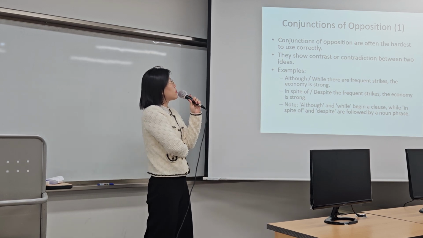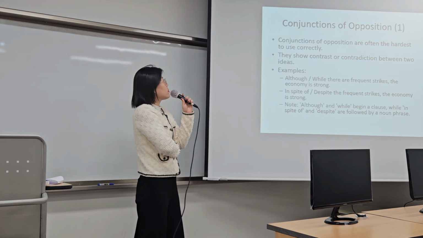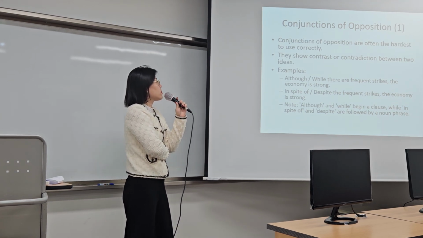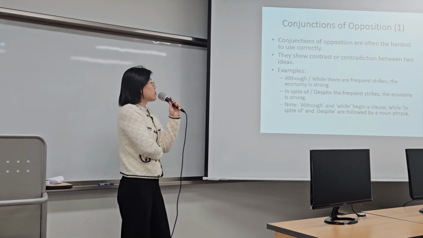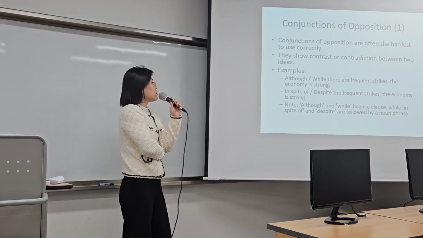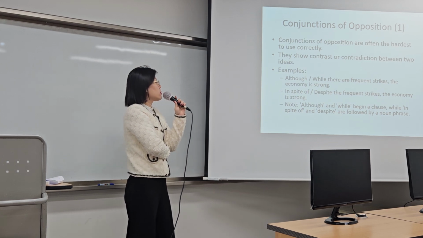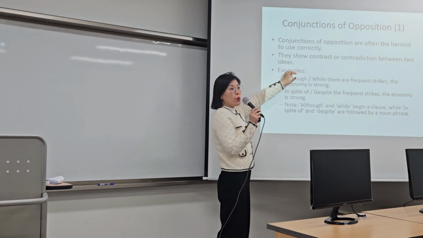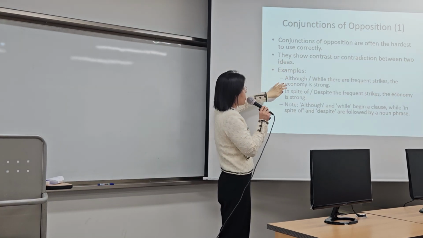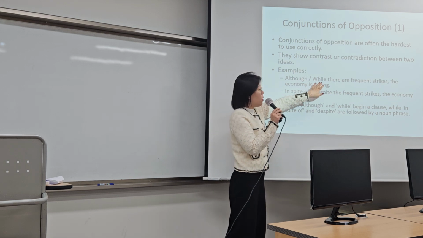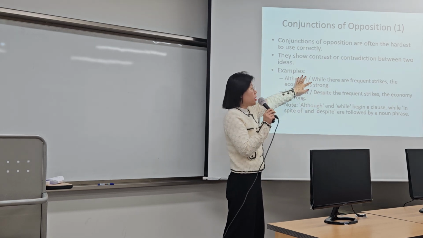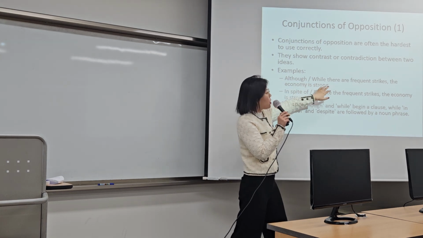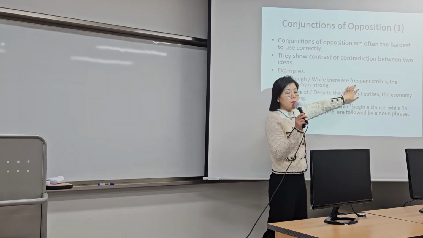Conjunctions of opposition are often the hardest to use correctly. They show contrast or contradiction between two ideas. Example: although there are frequent strikes, the economy is strong. Despite the frequent strikes, the economy is strong. Although and while begin a clause, while in spite of and despite are followed by a noun phrase. A clause means subject plus verb.